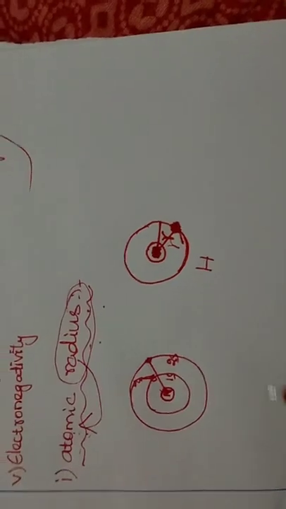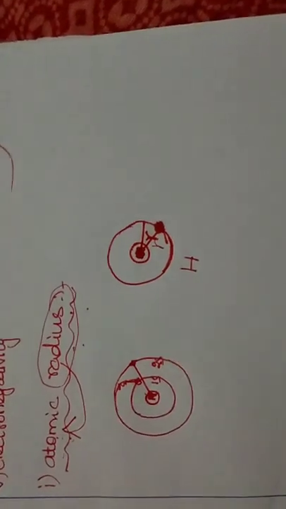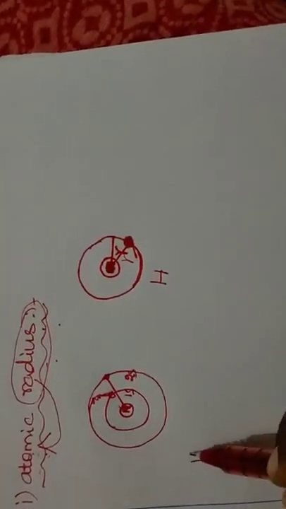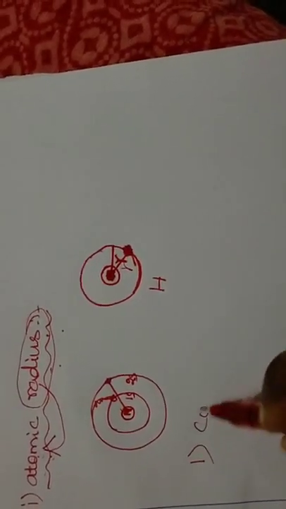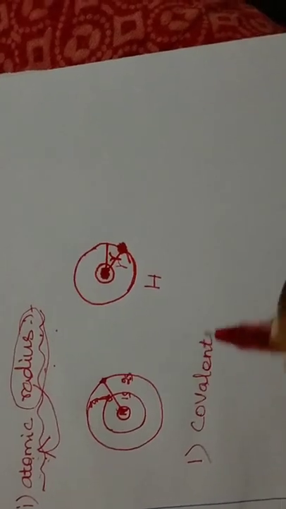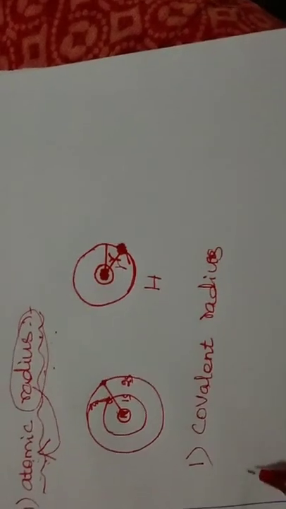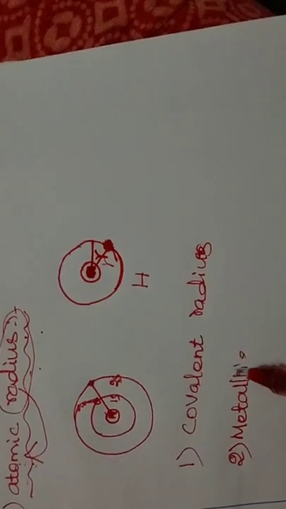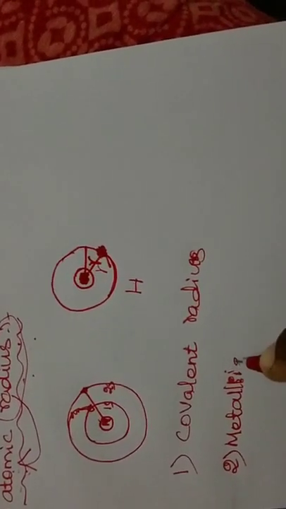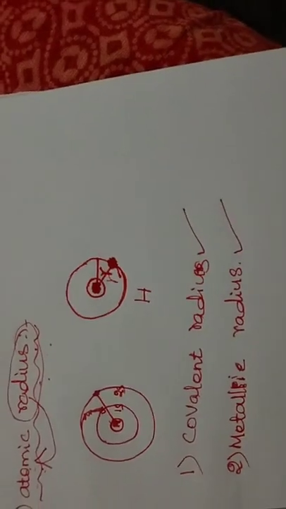So totally we have two types of measurement for measuring the atomic radius. First one is covalent radius. Second one is metallic radius. Okay, so first one is covalent radius, second one is metallic radius.